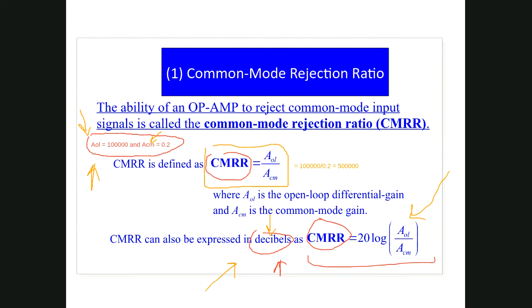Simply use your calculator and you will find it somewhere around 114 dB. dB stands for decibel. So this is the way you can calculate your CMRR. I hope it is making sense, right?